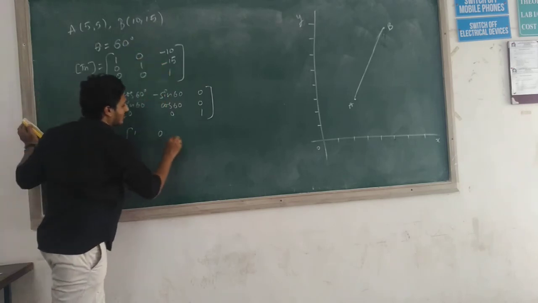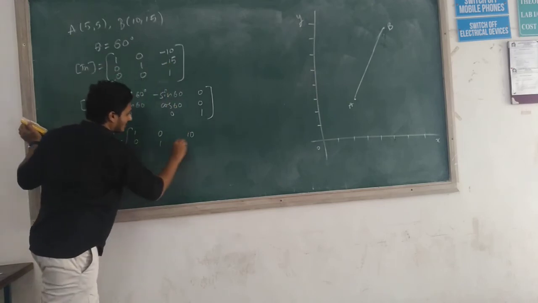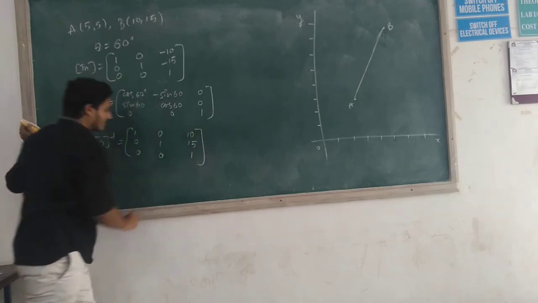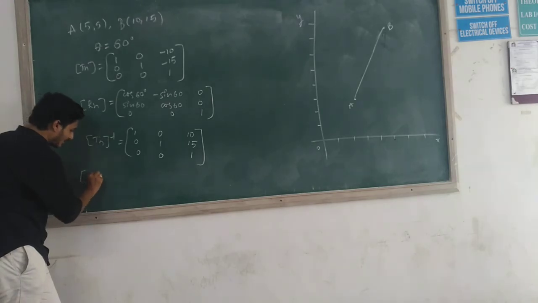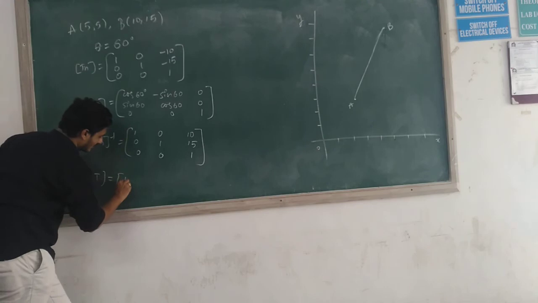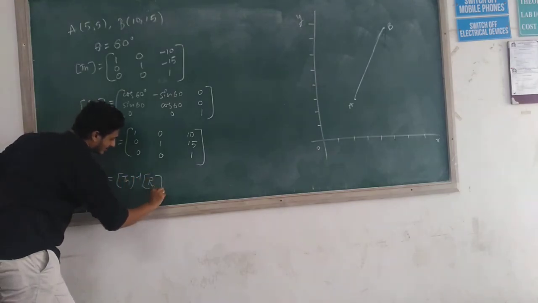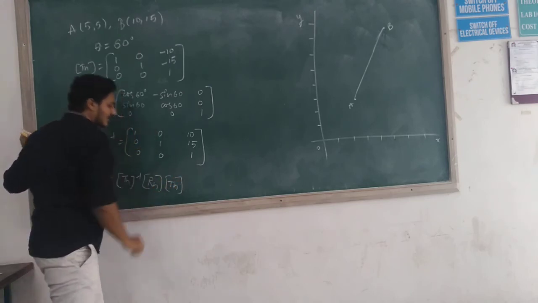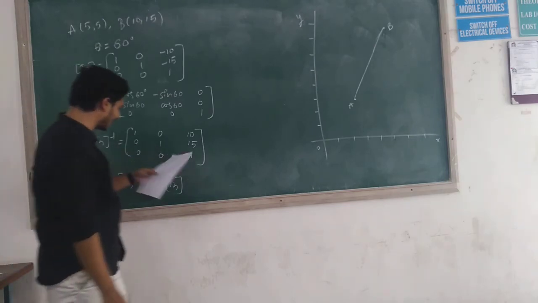This is 1, 0, minus of minus 10 is plus 10; 0, 1, 15; 0, 0, 1. So what I need to find out is a concatenated transformation from backward to upwards. So this is the inverse of translation, rotation and translation. Okay. So the final value, I am going to write it down directly.